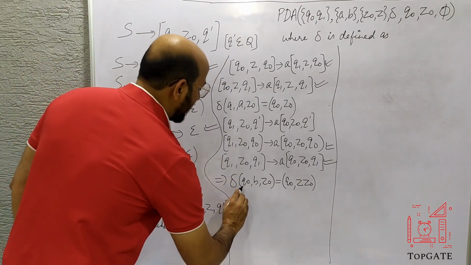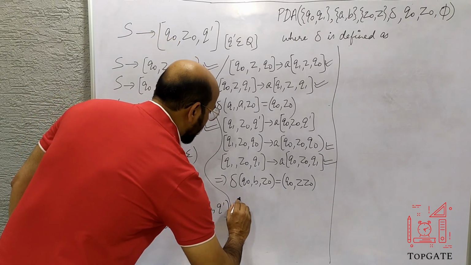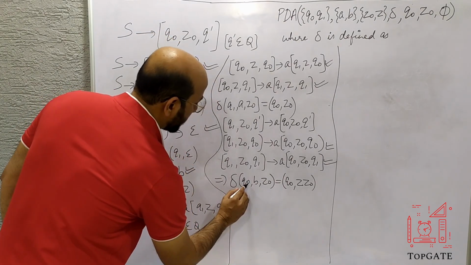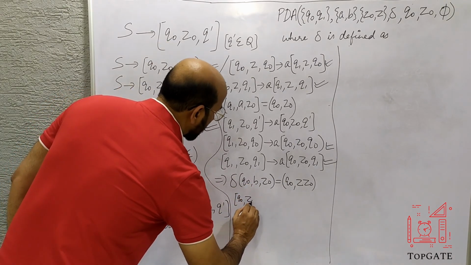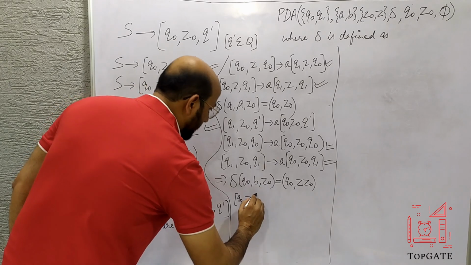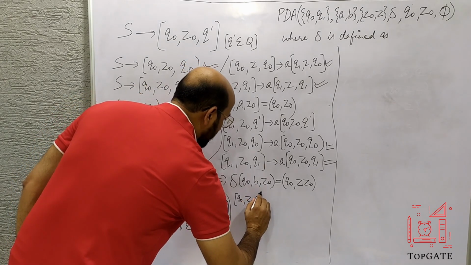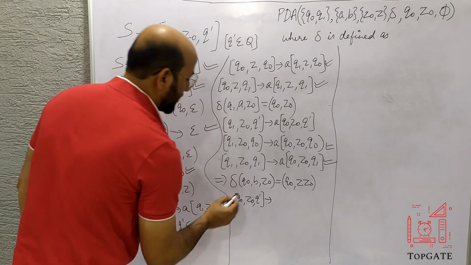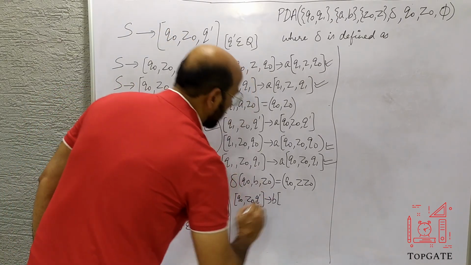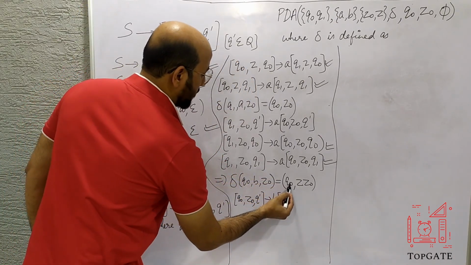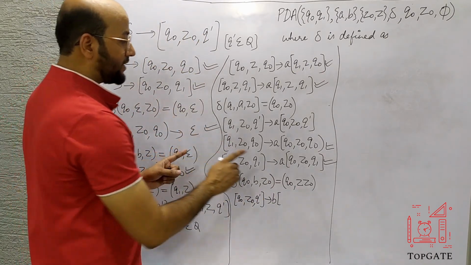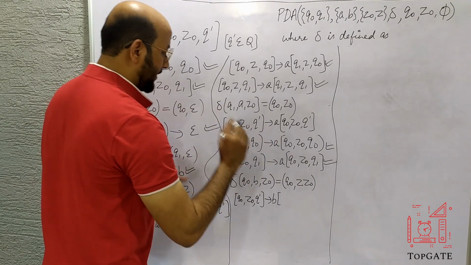Now what is the difference? I'll start with that same method again, that is, the rule that I'll write will be [q0, Z0, q'], not q0, q', gives this same B, that is, I'll write B here, then [q0, Z], I'll not write Z0 here.